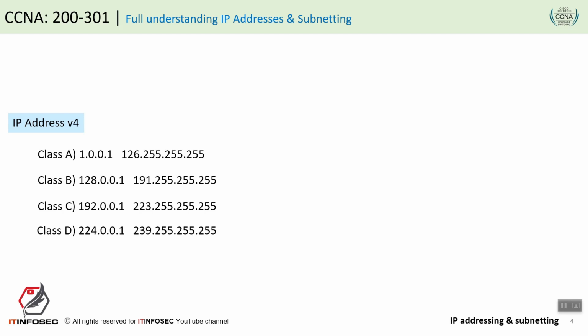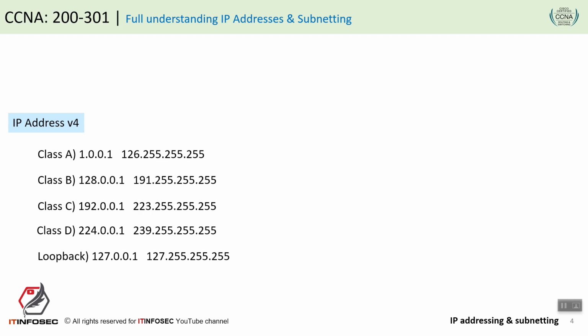Class D is addresses that include numbers from 224.0.0.1 until 239.255.255.255.